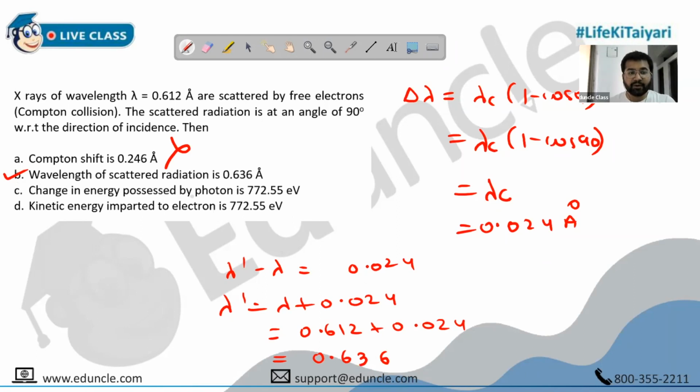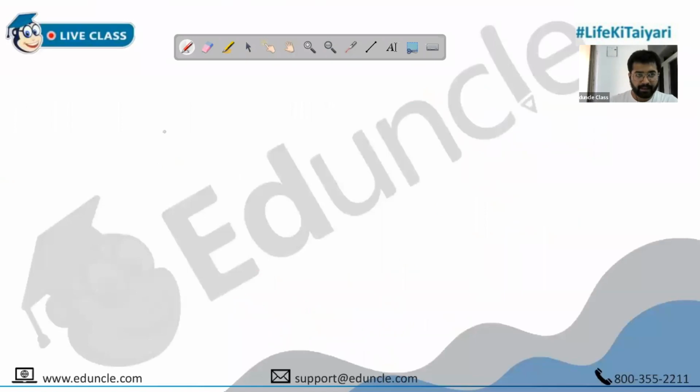Change in kinetic energy possessed by photon. How do we calculate this? Not change in wavelength, but yes, we need change in kinetic energy.